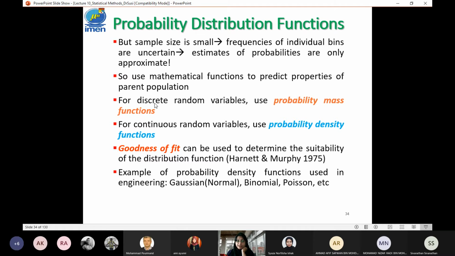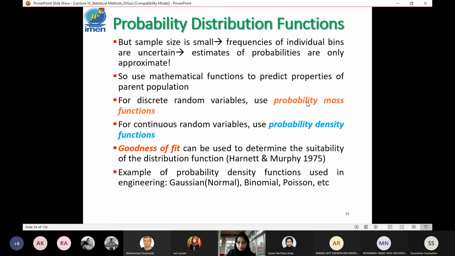If you have discrete random variables, do you still remember what discrete random variables are? Yes, doctor. If you don't remember, you can look back at the previous slide. Discrete means it's like 1, 2, 3, 4, 5, 6. Continuous means it's like a range, like income or height.